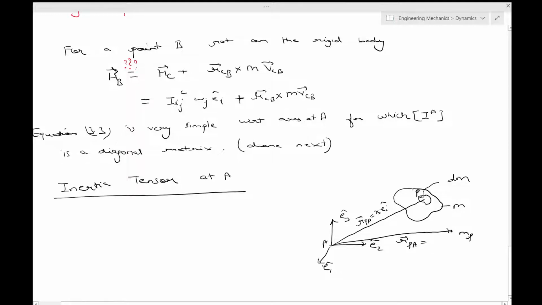Once this is done, we can write this vector as x_pi ei hat.